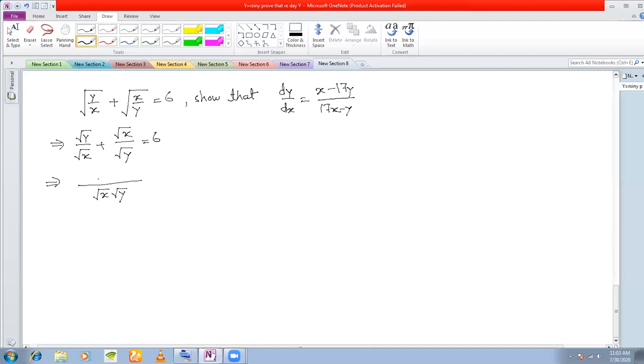So I'll get root y into root y plus, similarly here, root x into root x is equal to 6. So what I get is y plus x by root xy is equal to 6. That means y plus x is equal to 6 root xy, right? Now I'll differentiate both sides with respect to x.